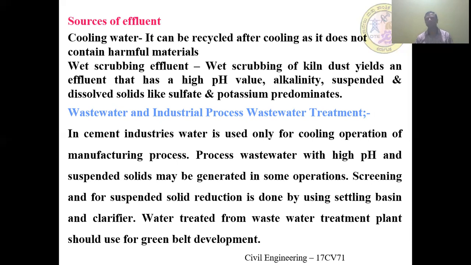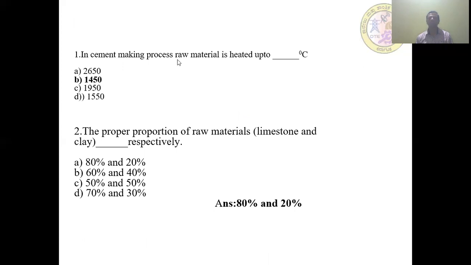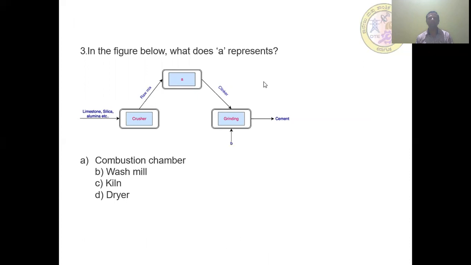Let us discuss some MCQs. In the cement making process, the raw material is heated up to 1450 degrees centigrade. The proper proportion of limestone and clay is 80% and 20%. This figure shows a combustion chamber, wash mill or hot dryer, where crushed raw materials go for grinding, and in this way it is circulated.